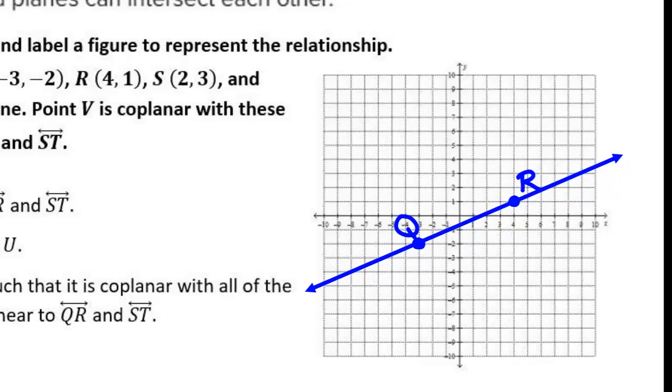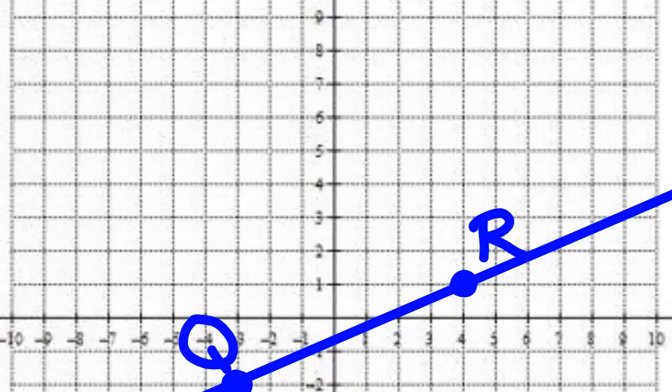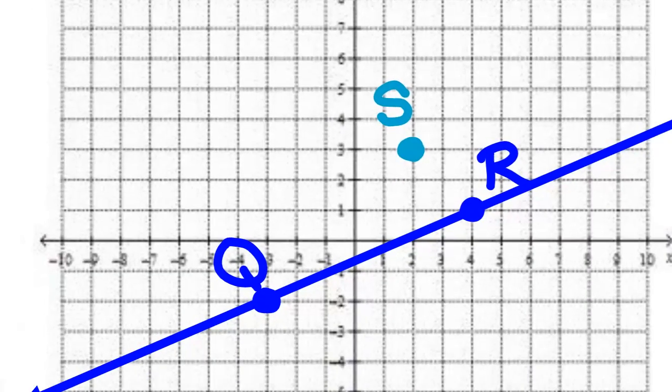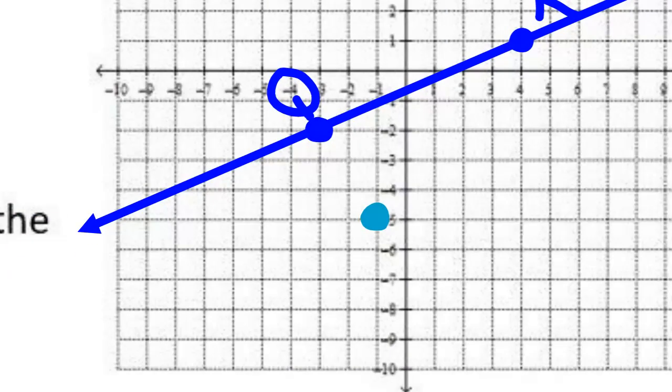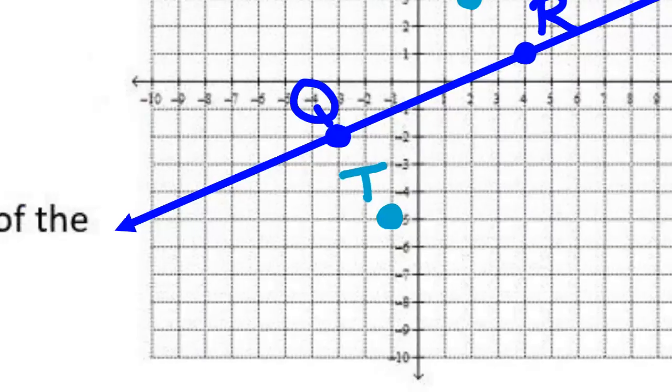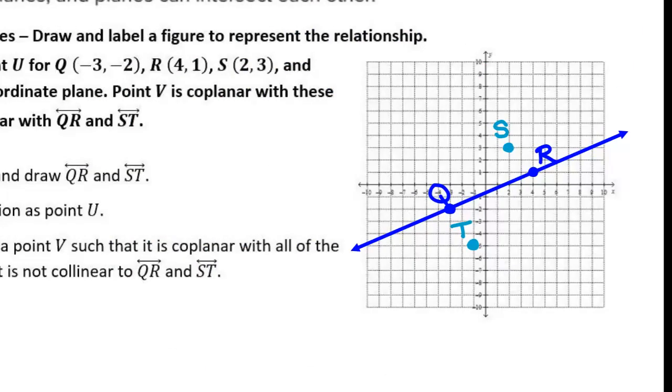And then we have point S at 2, 3, right 2, up 3. There's point S. And point T at -1, -5, left 1, down 5 for point T. And then we want to draw a line through those 2 points also.